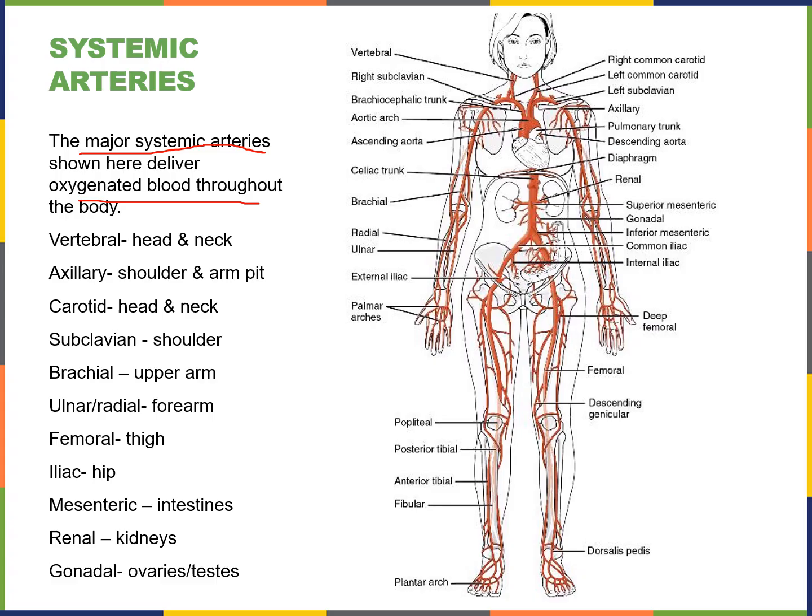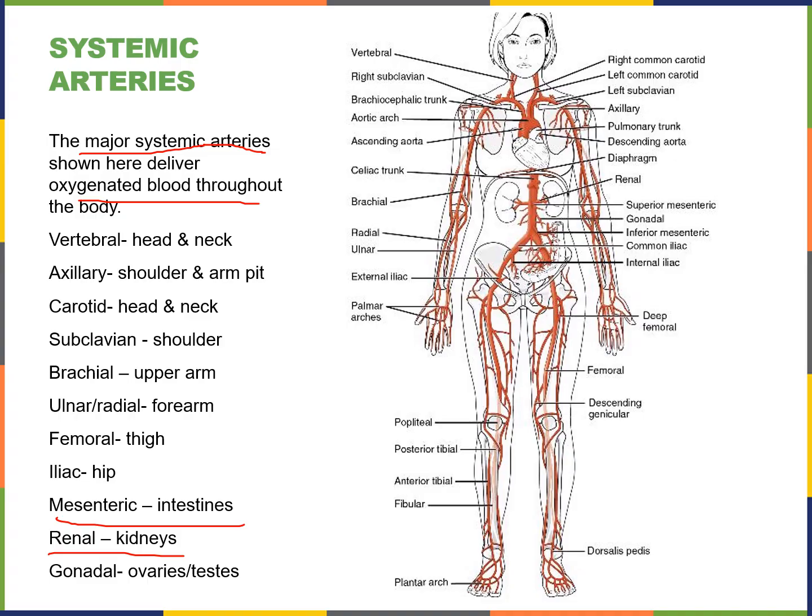And some of these you will be able to remember because they are named based on their location. So for example, I said earlier that renal always refers to kidneys. So obviously renal artery would be the artery that's taking blood to the kidneys. Mesenteric always refers to the intestines, small and large.